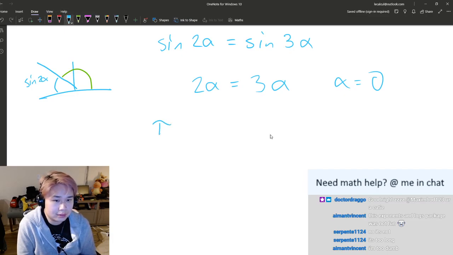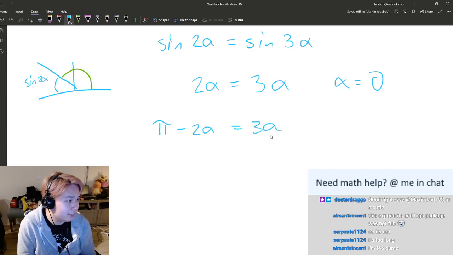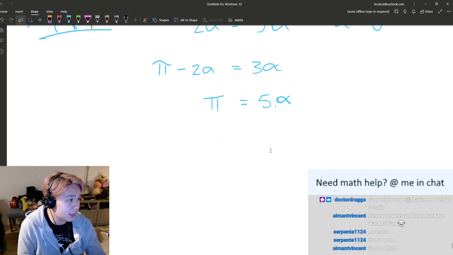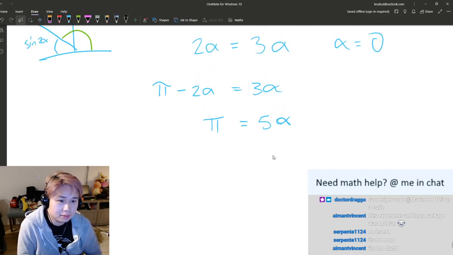So that's pi minus 2 alpha, which could also equal 3 alpha. So then you have this. So then you have pi over 5.